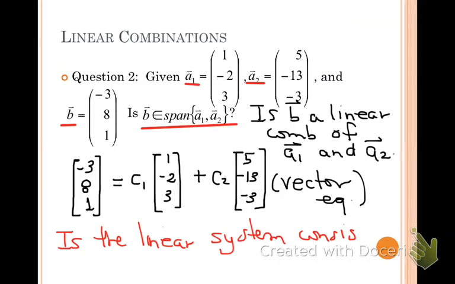If it is consistent, then we know that b can indeed be written as a linear combination of a1 and a2, which in turn tells us that b is an element of the span of a1 and a2.